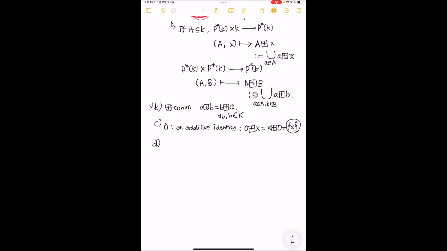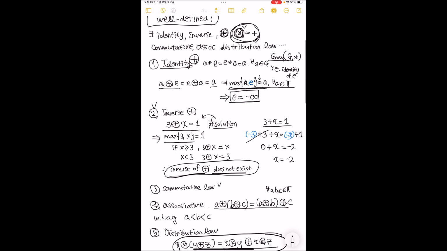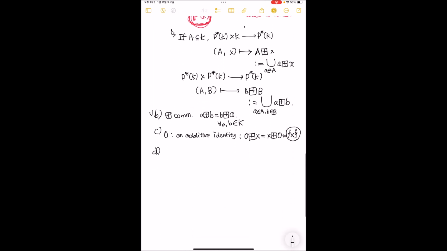And then the inverse: as I said, the normal inverse does not exist, but in a hyperfield system we can define an inverse element.